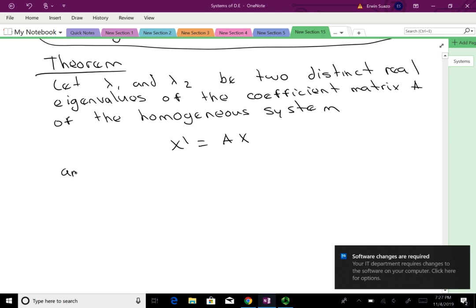And let k1 and k2 be the corresponding eigenvectors.